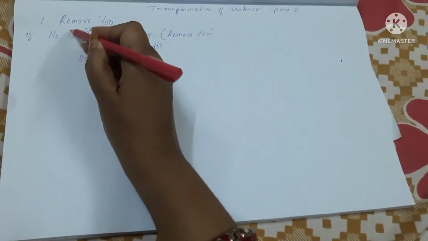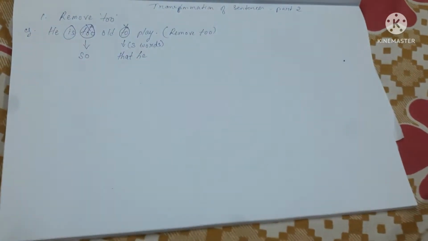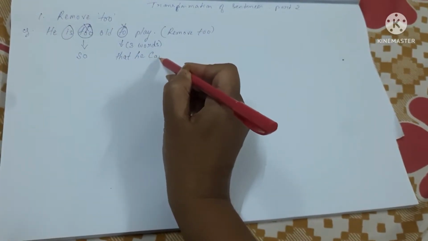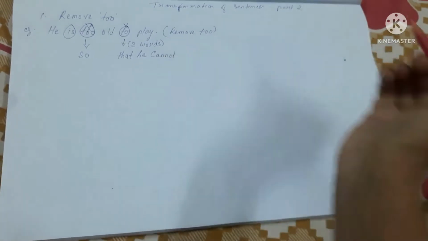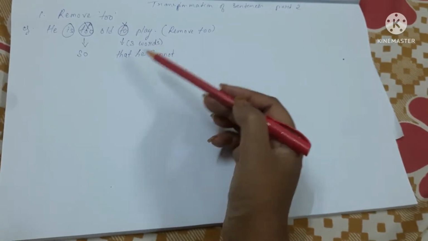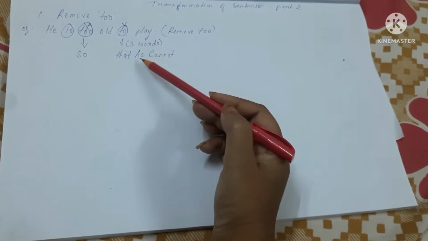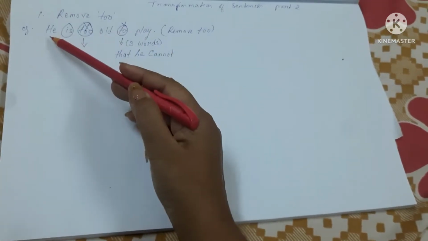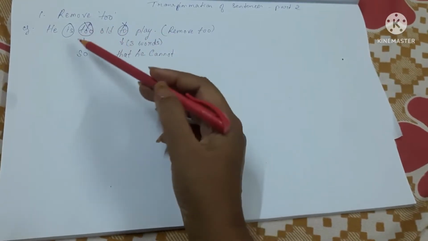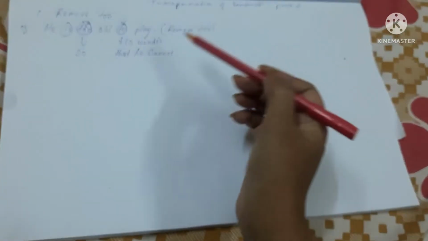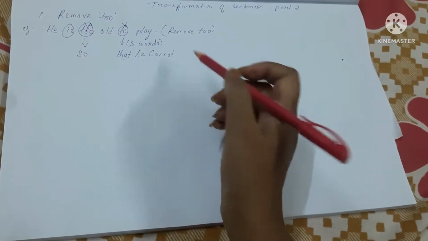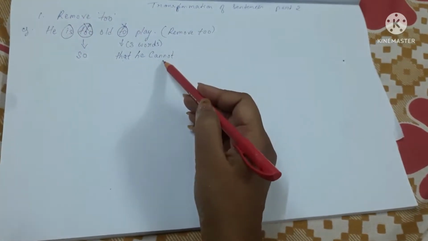So let's see what the tense is here. It is in present tense, so you have to use cannot. So in place of to, you have to use three words. The first word would be that. The second word would be the pronoun used according to the subject. And the third word would be cannot, could not, or would not according to the tense. If it is present tense, you have to use cannot.